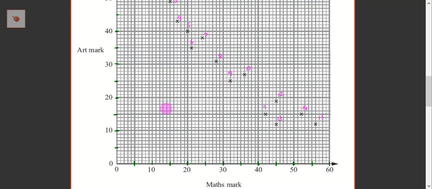It's fine as long as you got both of them. At 14, we've got 52 and 15, and then finally 56 and 12. We all good? All right, cool.